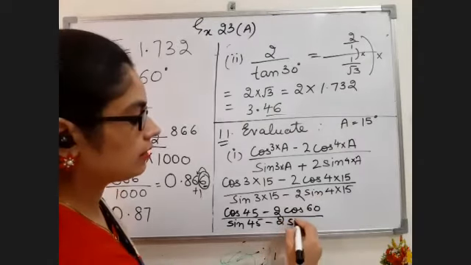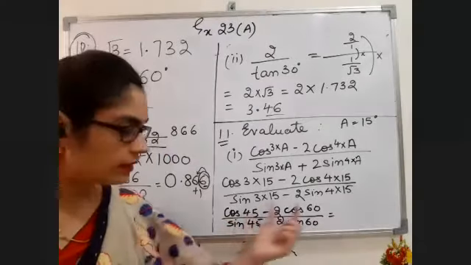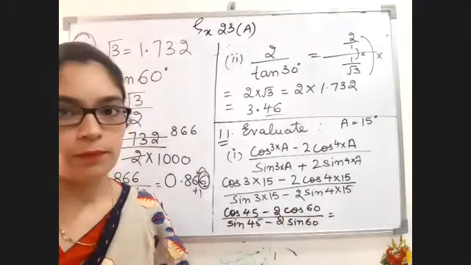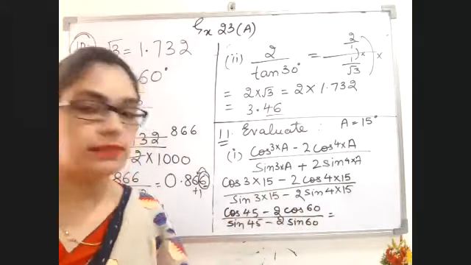Now you can see we got the values of standard angles: cos 45, cos 60, sin 45 and sin 60.